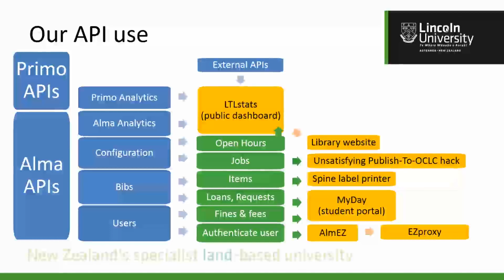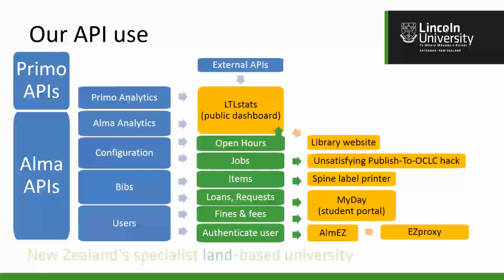That's a pet project that I've been developing over the last few years, just to show off the different things we do in library teaching and learning. Second thing is we use the Alma configuration API to pull down the open hours. Technically, that is done again by the Little Stats program, and then it feeds from there to the library website.